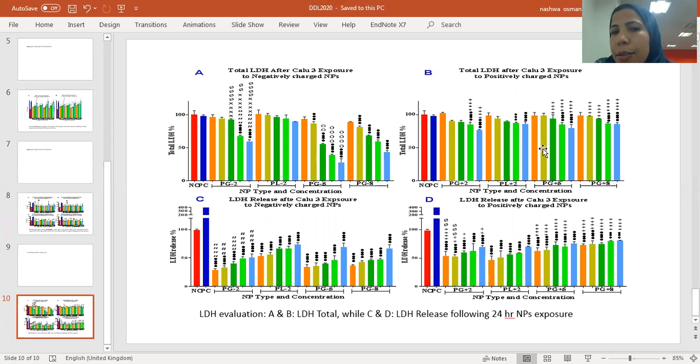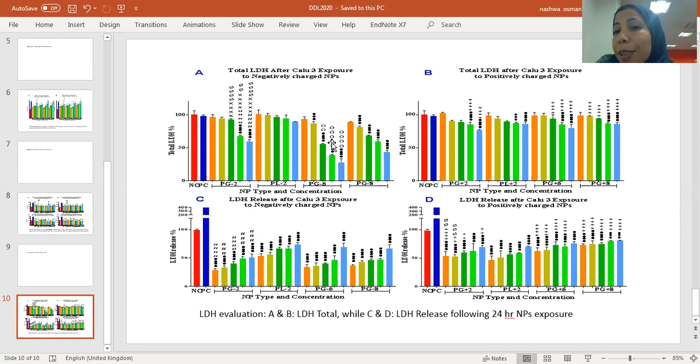In the total assay, as you can see here, increasing the concentration is associated with a low amount, or low content, of LDH. Some concentrations are causing a significant decrease of LDH. This could denote underlying cytotoxicity: the amount in these cells is less because we are losing the cells to cytotoxicity.